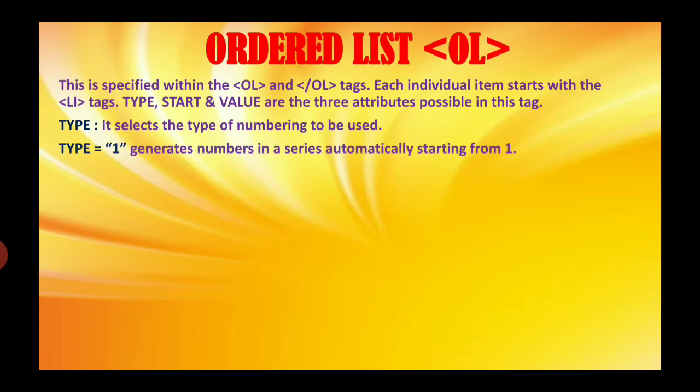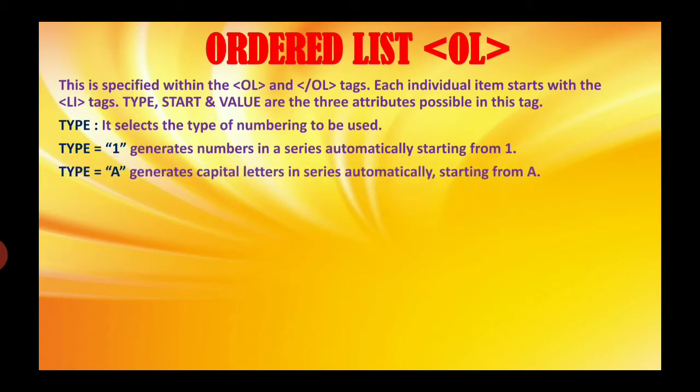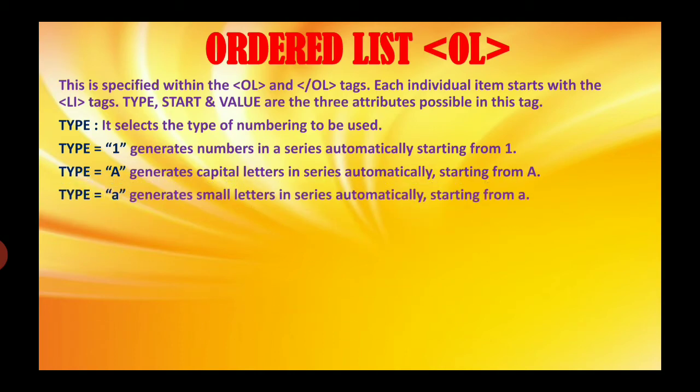Now you see type equals to 1 in inverted commas. What does it mean? It means that it will generate numbers in a series automatically starting from 1. Type equals to capital A generates capital letters in series automatically starting from A. Type small a generates small letters in series automatically starting from small a.